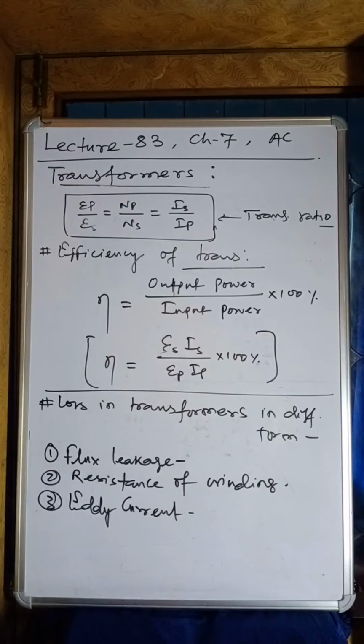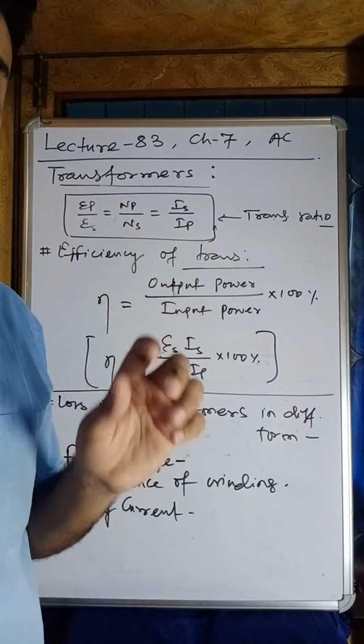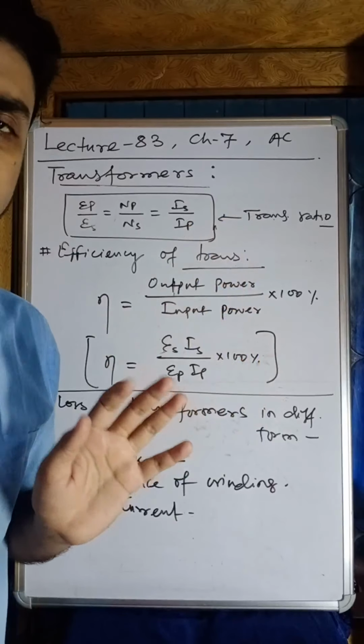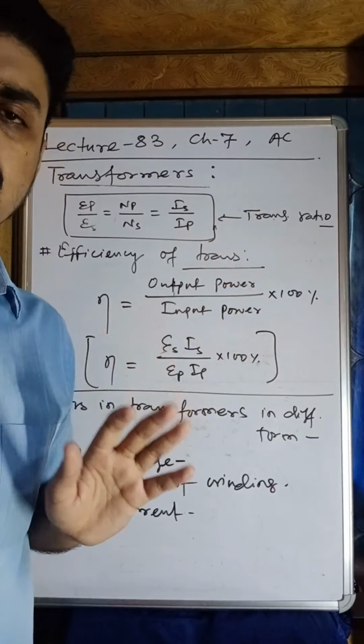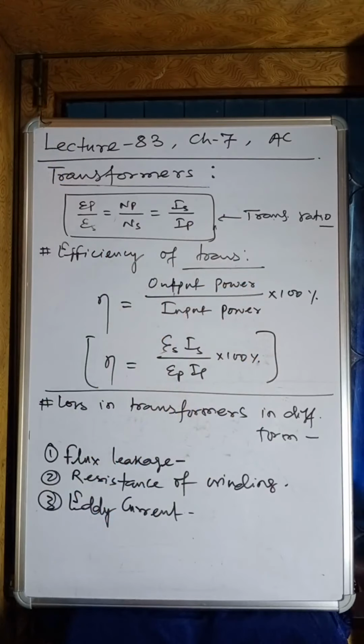Here we are using a core of iron, and that core has a certain surface area. Over that area eddy current forms, and we know that eddy current easily produces heat energy, and that heat energy will be lost in the surroundings, and that will be counted as loss in the transformer.